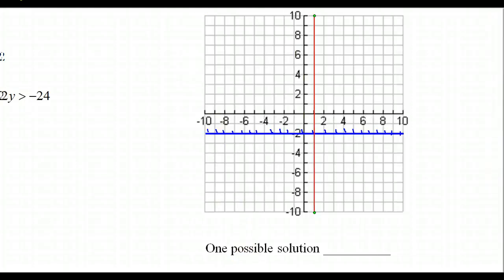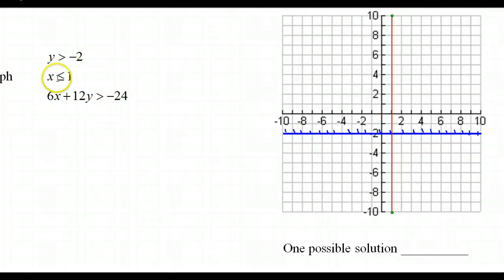Alright, but now we are looking at the second inequality. x equals 1 is a vertical line. So this is the vertical line coming from the x equals 1 inequality. Because it is less than or equal to, it's solid. Anytime it's or equal to, remember it'll be solid.